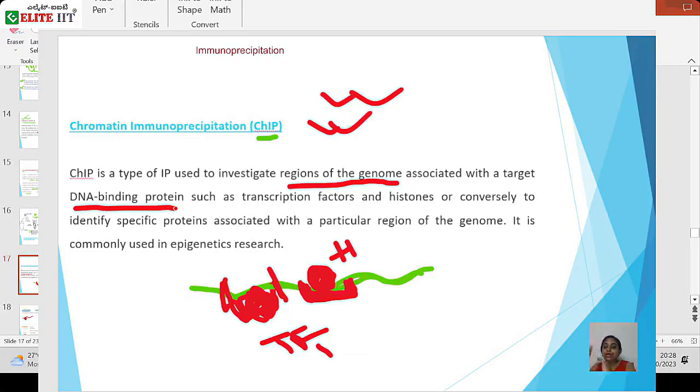So if you want to identify which region this protein is binding, you can identify it through the chromatin immunoprecipitation technique, such as for transcription factors, histones, or conversely to identify specific proteins associated with a particular region of the genome, and it is commonly used in epigenetic study.